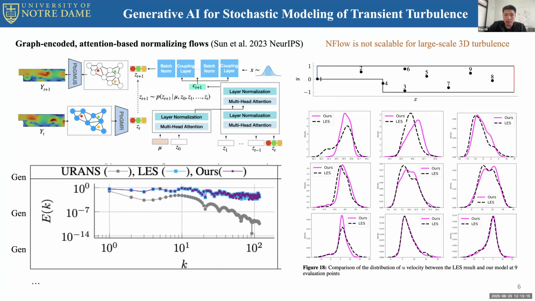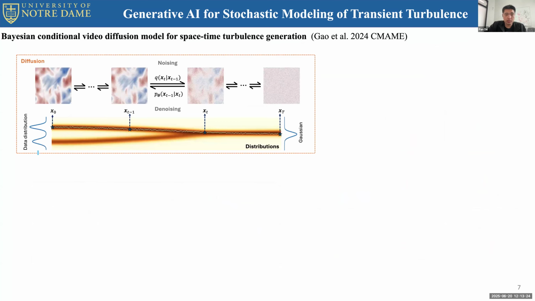Because of that, those kinds of models cannot scale to even larger-scale turbulence flows. So we have been trying to use more memory-efficient generative AI models, and that's why we published a paper in our group on turbulence flow generation using a diffusion model.